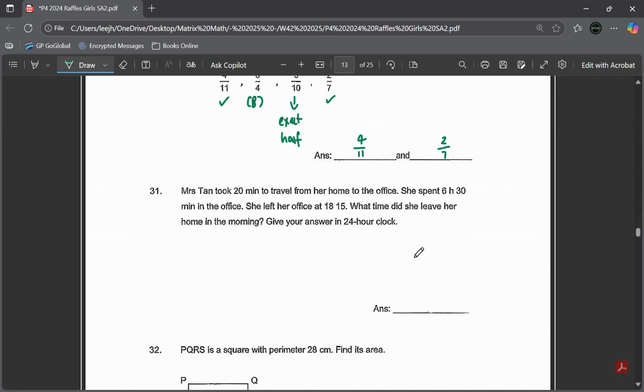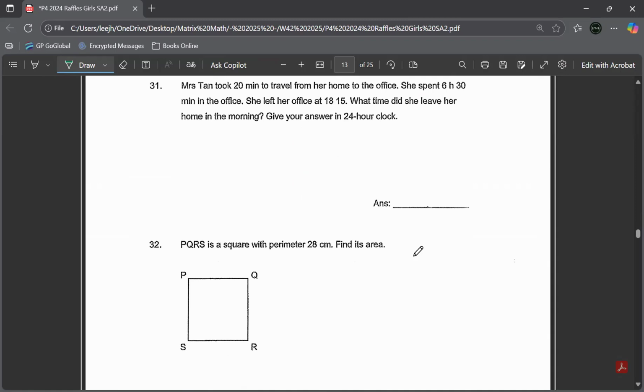Okay. Question number 31. Mrs Tan took 20 minutes to travel from her home to the office. She spent 6 hours 30 minutes in the office. She left her office at 18:15. What time did she leave her home in the morning? Give your answer in 24-hour clock format. So we need to find out the total duration that she's actually away from home. So here, 20-minute travel, 6 hours 30 minutes in the office.